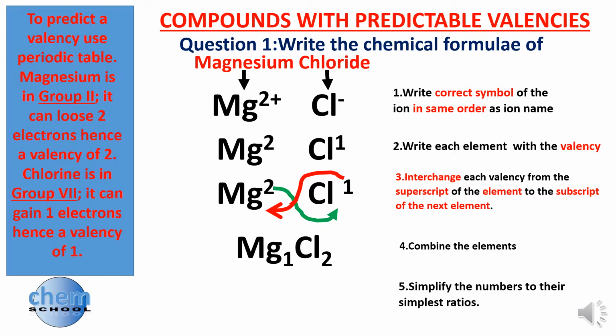Therefore, it does not make sense to write that 1. Instead, we just simply write the symbol of magnesium to show that it is only 1. Therefore, it is better to write the symbol of magnesium to represent 1 atom than to repeat it. And that is why we omit 1 in our final formula, which is written in red.